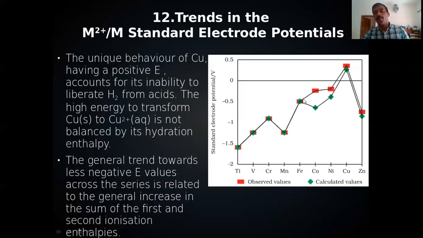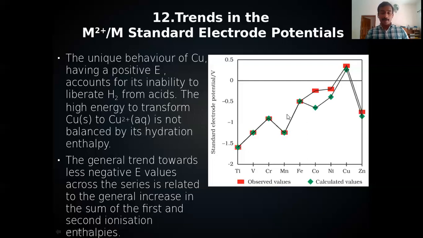Then comes cobalt, then a slight decrease in nickel. Again, in the case of copper, a positive value, +0.34. In the case of zinc, the value is again decreasing, a large negative value. This is a general trend. And the electrode potential depends on many factors.